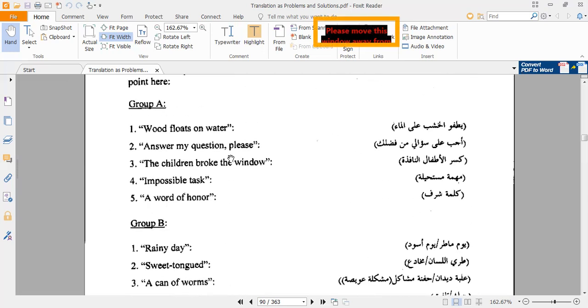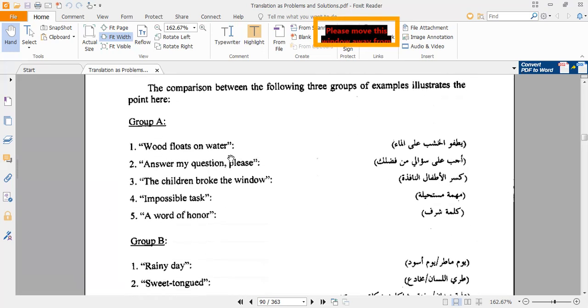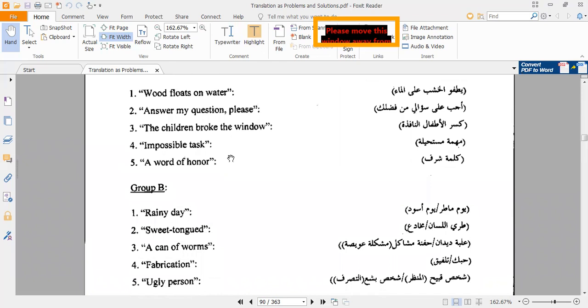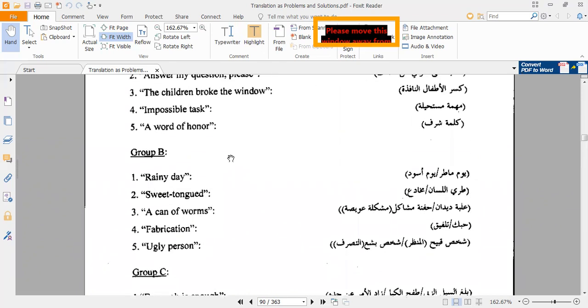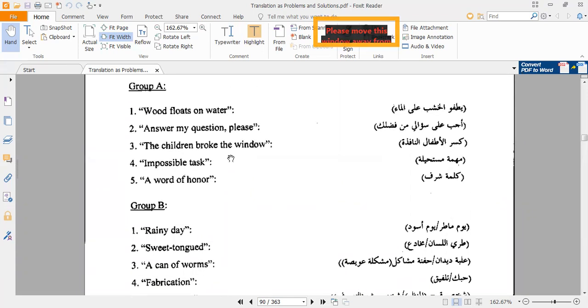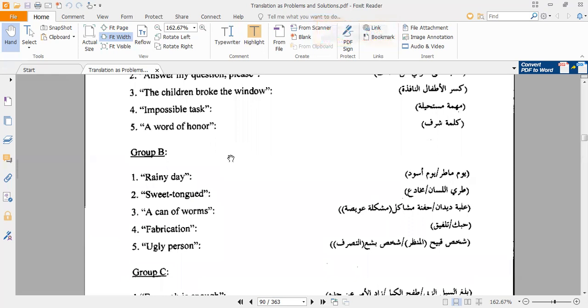So we have three groups. The first group, grammatical issues, is acceptable and can give us a correct or acceptable translation, while group B has the same expression with two different levels.